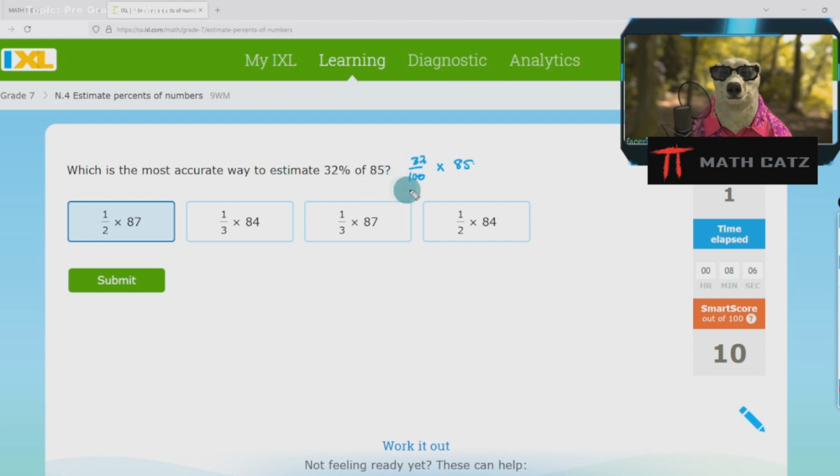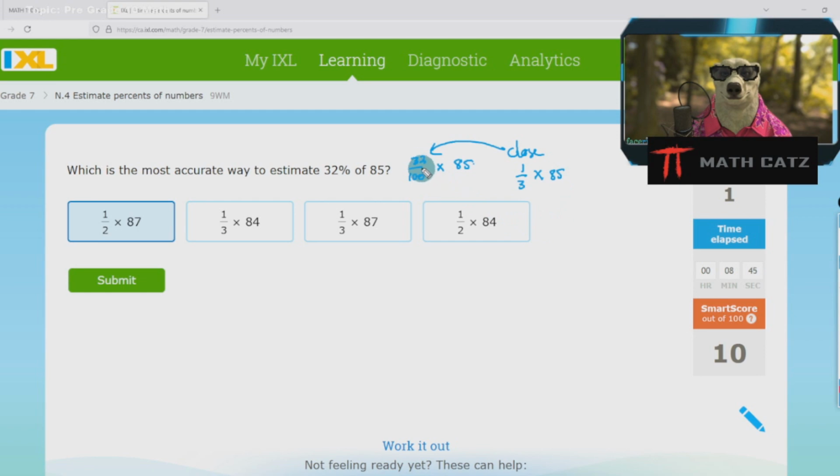But I do notice here that 32 out of 100 is very close to, let's do it like this, 33.3 repeating over 100, which is a third of 100. So the smallest change of this percentage to a familiar simple fraction will be to a third. I have changed it, and I don't know how much of an effect that will have on my final answer.